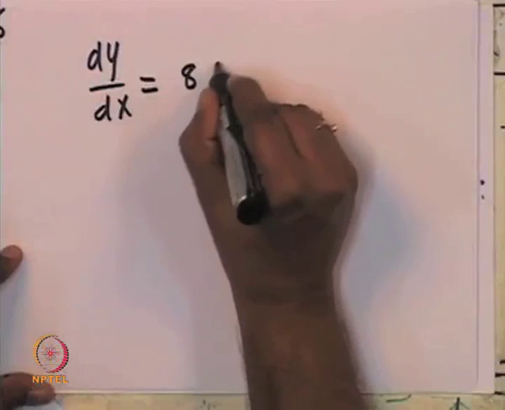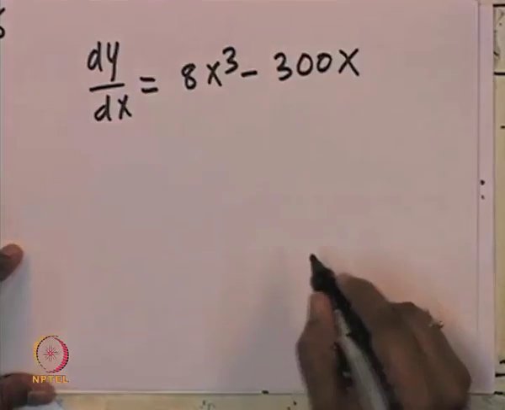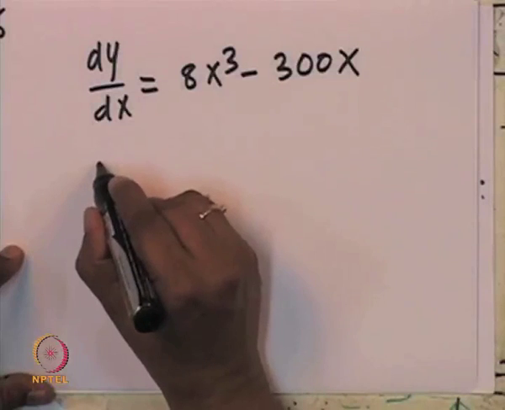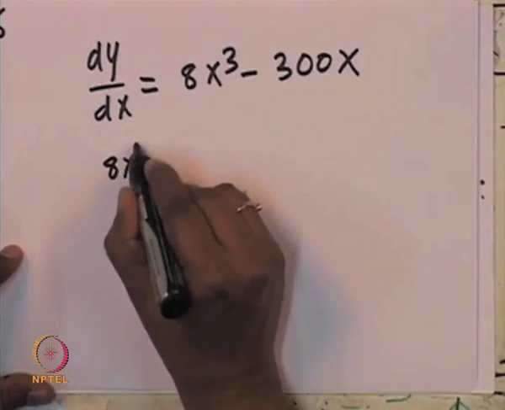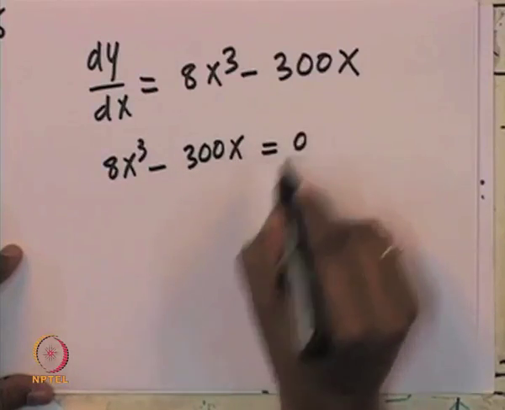The derivative dy by dx we got was 8 x cube minus 300 x. If we equate this to 0, what do we get? 8 x cube minus 300 x equal to 0.